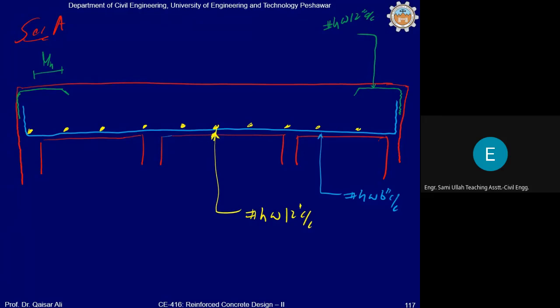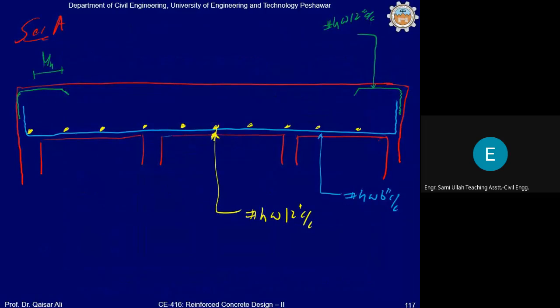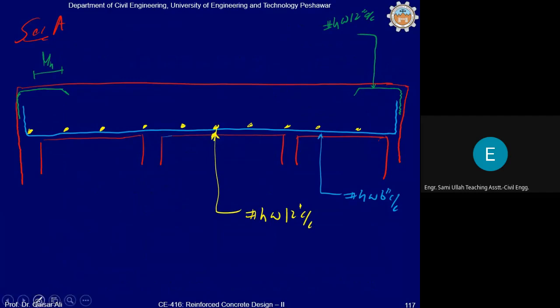Now coming to the top reinforcement at the interior support, which is C. It is number 4 at 4.5. And it will be curtailed at L by 3.